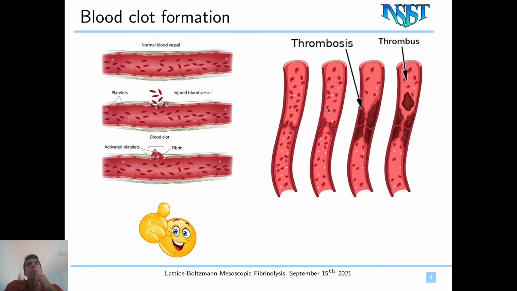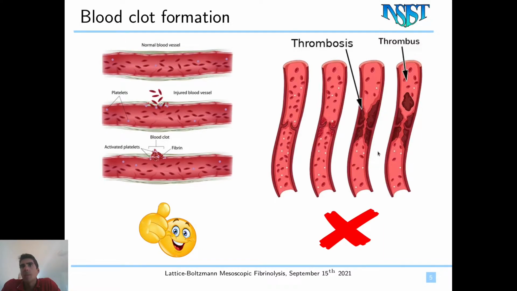But when this process is dysregulated, for instance, if you have too much accumulation of blood clots or clotting on the walls of the vessels, and you have, by misfortune, what we call an embolus or a thrombus that wanders in this vessel, you will have a blockage of the artery, and this will prevent a good irrigation of the surrounding tissue of this vessel.